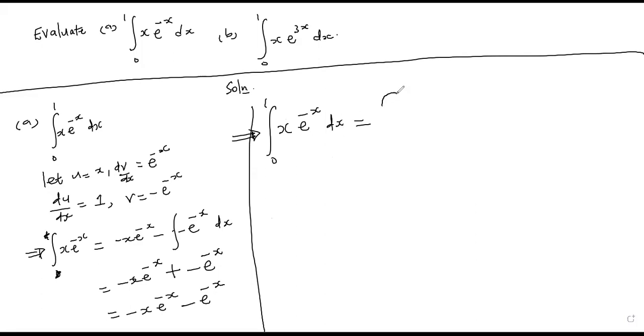now we put the limits in that expression we've got, minus x e power minus x minus e power minus x, all the way from 0 up to 1.